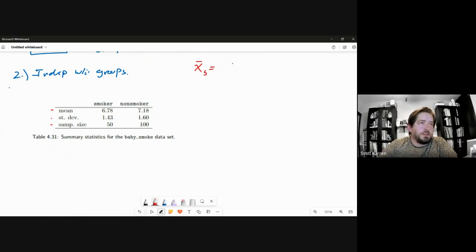is 6.78. X bar of the non-smokers is 7.18. The sample standard deviation of the smokers is 1.43, and the sample standard deviation of the non-smokers was 1.60.